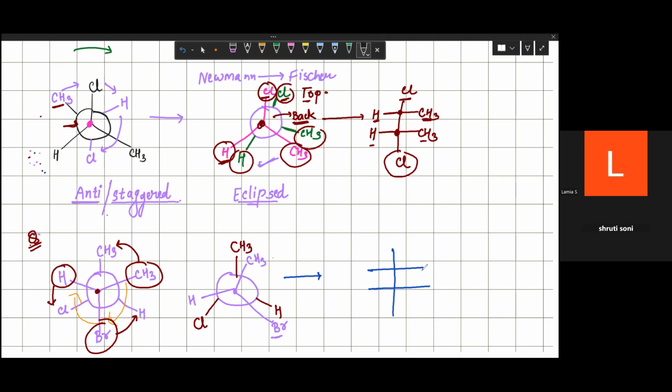Did you just shift one carbon's groups? For the first example that you showed, did you only shift the groups on one carbon, on the back side? Back side, yes.